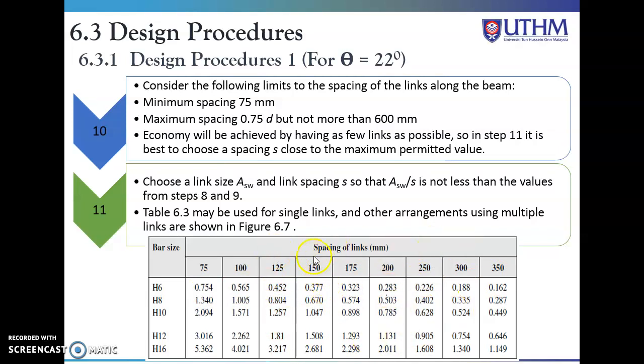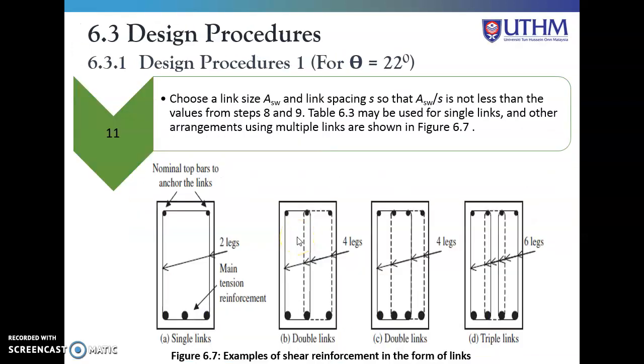Okay, alright. So let's say the first example. Oh, before that, okay. In order to choose link ASW and the link spacing S, so that ASW over S is not less than the value yang kita dah kira daripada step 8 dan 9.